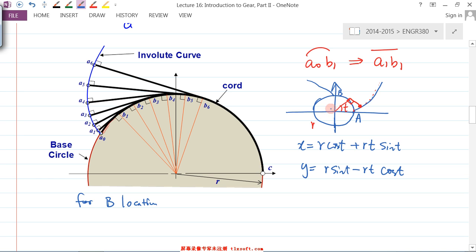The only difference is it's a 90 degree starting difference, right? Then for the B location, all you need to do is change the t to t plus pi. However, you don't change this t. You only change the t inside the sine and cosine. Okay?